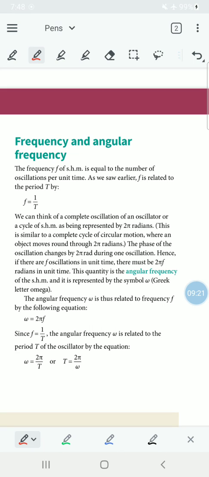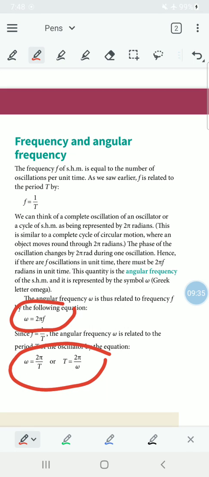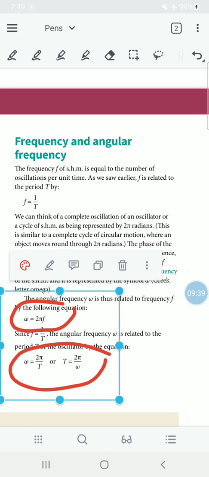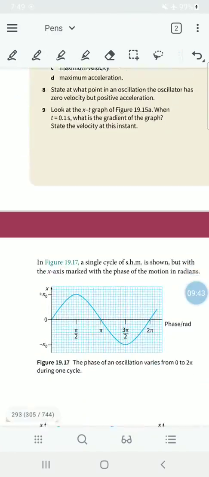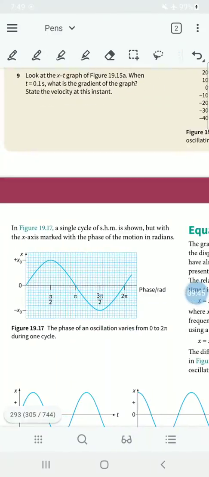And then write down, this is the equation for angular frequency, and then substitute for f, substitute 1 upon T, and then show how these two would come. And after you have written down those two, draw this graph to show how the phase would change during a single cycle of simple harmonic motion.